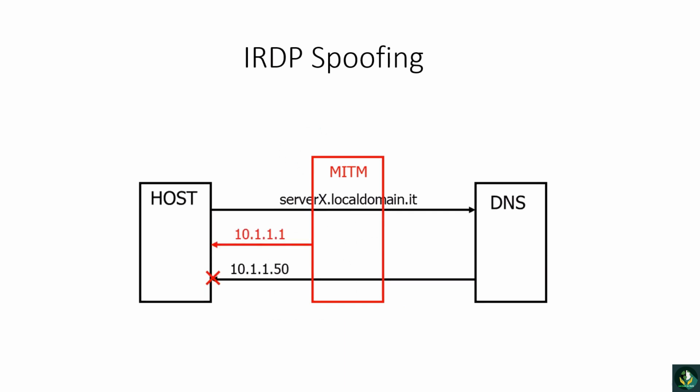IRDP is actually a sort of ICMP router discovery protocol, so it's an extension of ICMP. This particular protocol helps to discover all the routers on the network by listening to the router advertisement messages. So a device that's connected to the network listens to the protocol, but when they listen, there is a chance that there could be a change of the routing table.